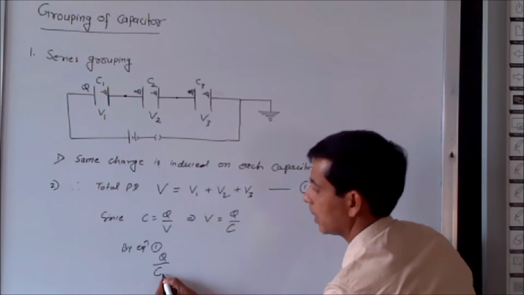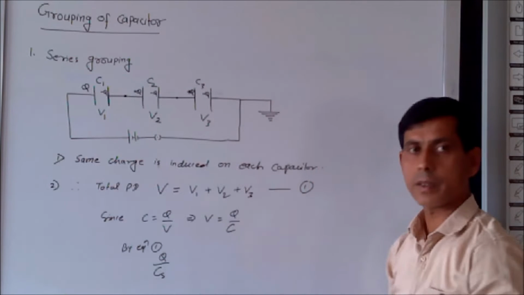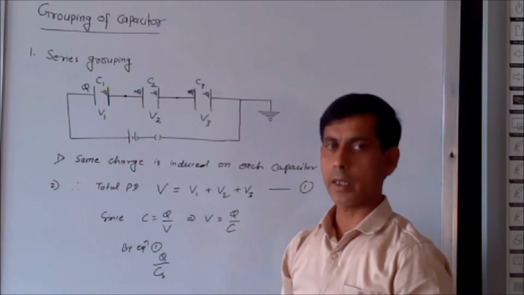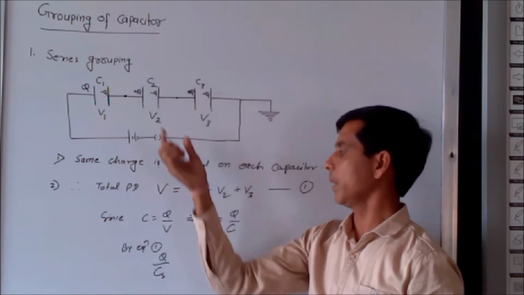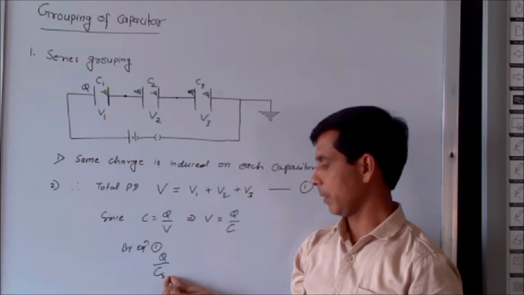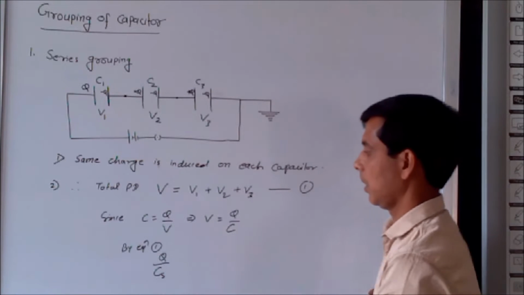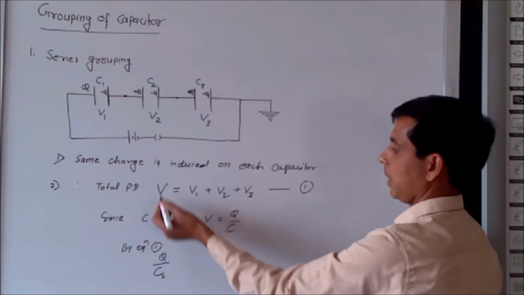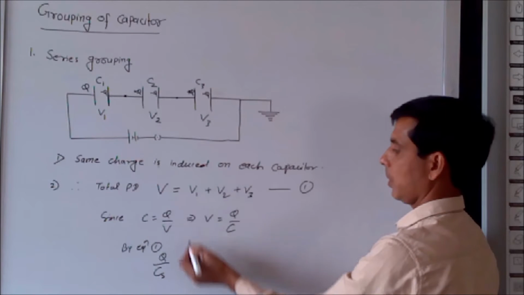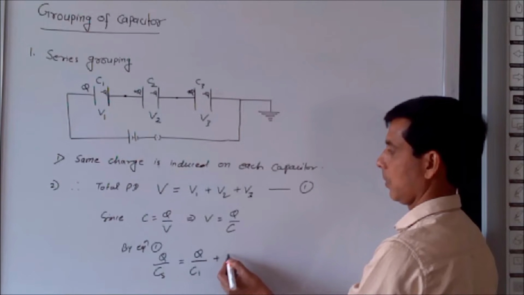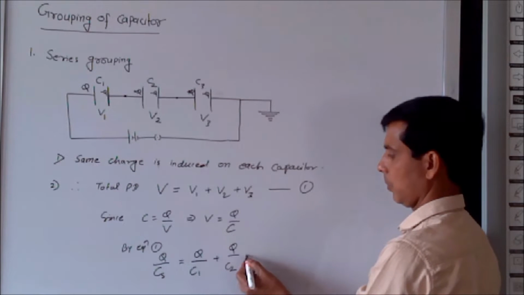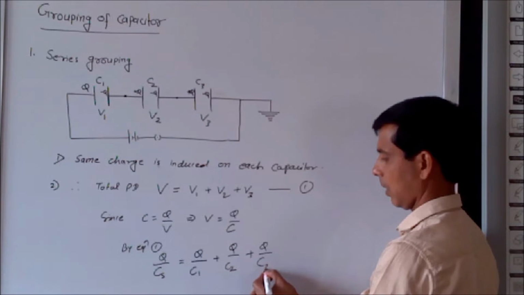The resultant capacity can be written as CS, where CS is the capacity in series combination. Then V is replaced by Q by CS, V1 is Q by C1, V2 is Q by C2, V3 is Q by C3.